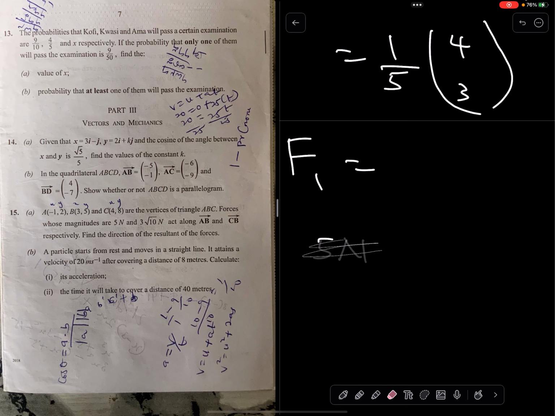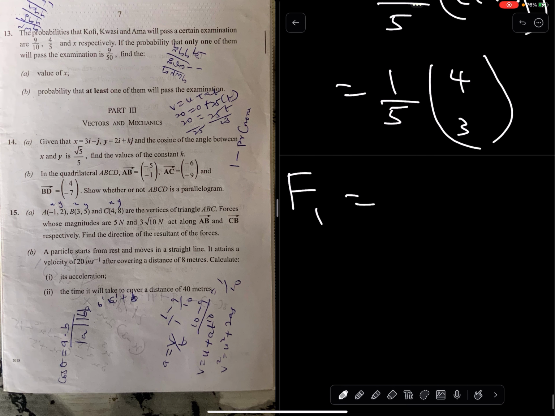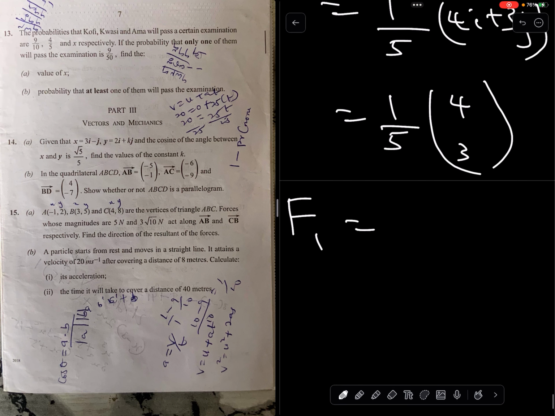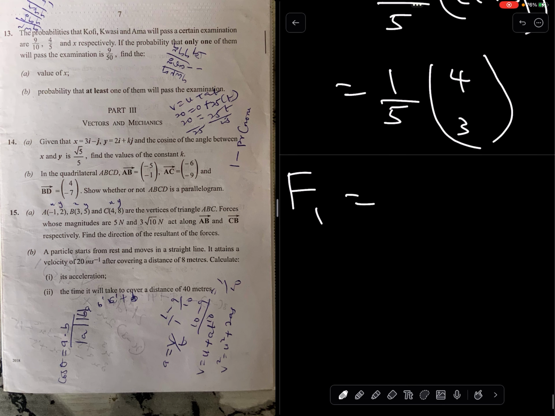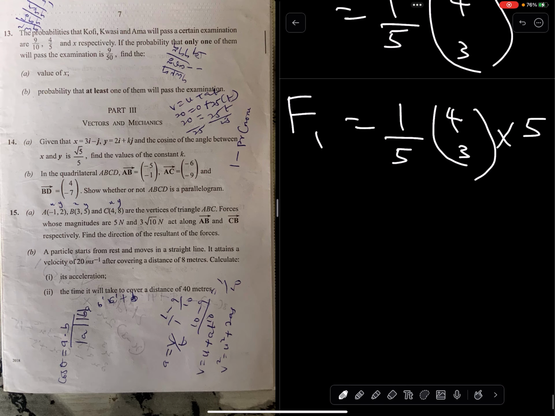So the force itself is given by the product of the unit vector in the direction of AB and the magnitude of the force acting along AB.